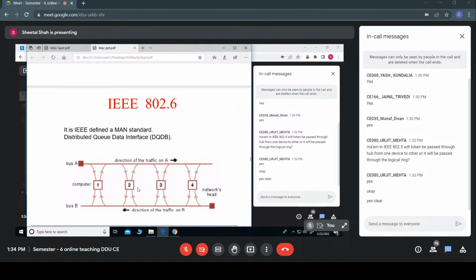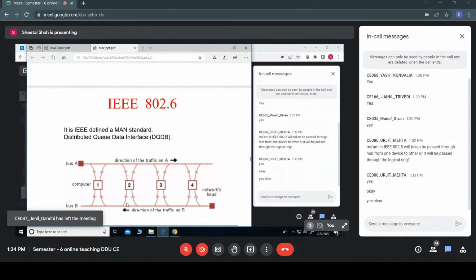Now, every host in this metropolitan area network, or you can say 802.6, has two buses which are laid like this. So you can see that there are two buses, bus A as well as bus B, and all these computers are connected to both of these buses. Fine.